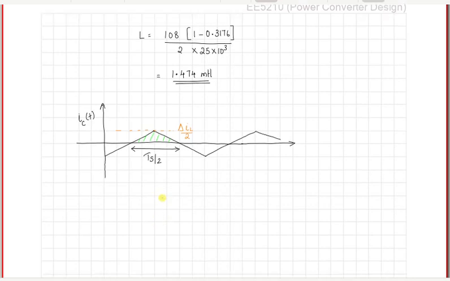So this charge, if I call it delta Q, is nothing but the area under this positive portion or the negative portion, and that should be equal to C times delta V peak to peak. And so this area is given by half into Ts by 2, which is the base, and then you have delta IL by 2, which is the height of the triangle.